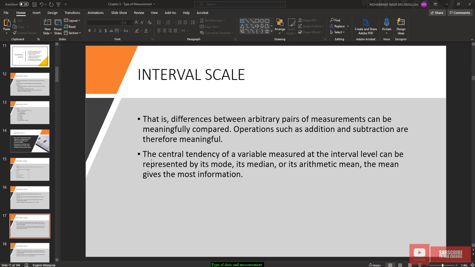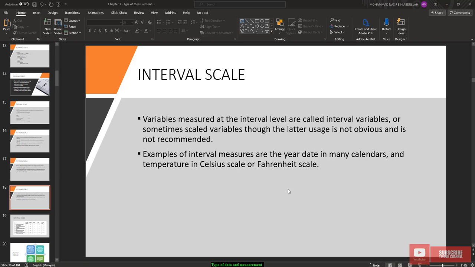So the central tendency of a variable measured at the interval level can be represented as mode, median, and its arithmetic mean. The mean gives the most important information, right? An example of an interval scale is temperature in the Celsius scale and Fahrenheit.